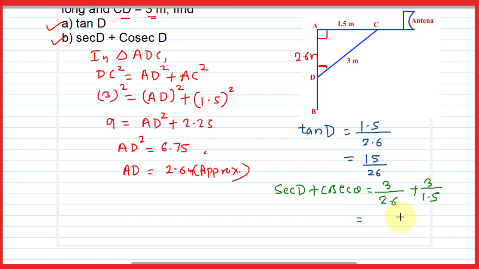And so friends, if you solve this, you will get 41 upon 13, and therefore sec D plus cosec D is equal to 41 by 13.